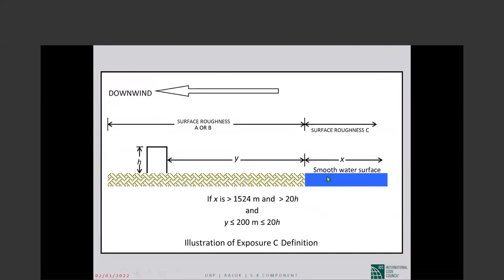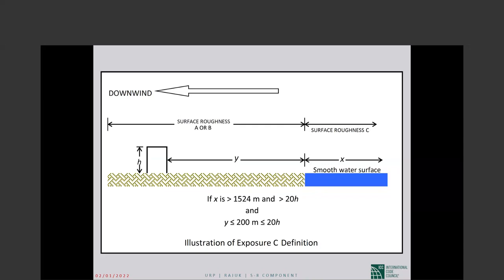So first of all, it has to be a large enough body of water. The X distance has to be no smaller than 1524 meters and 20 times the building height. So you can have exposure C only on, now the ocean is excluded, remember.